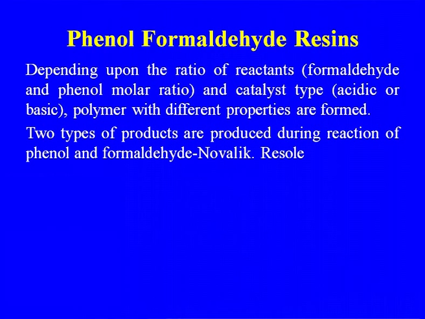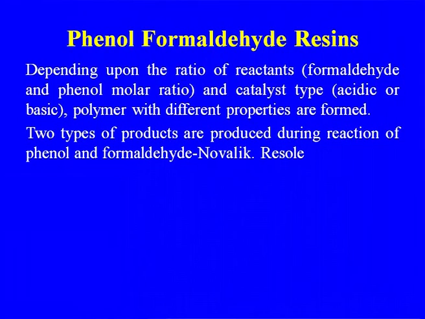Phenol formaldehyde resin, depending upon the ratio of the reactants, the formaldehyde to phenol molar ratio, and the catalyst type, acidic or basic, gives polymers with different properties. So, these are important parameters which can be adjusted to get different properties. Two types of products are produced during the reaction of phenol and formaldehyde, which I told you: the novolac and the resol.